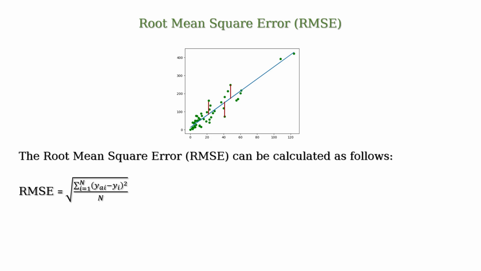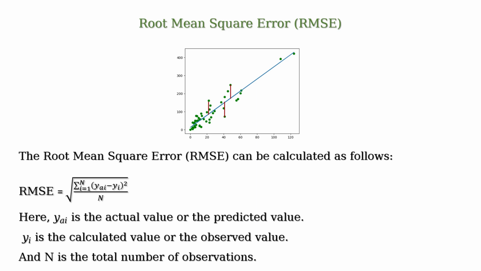RMSE is equal to the square root of the summation from i equal to 1 to n of (yai minus yi) whole squared, divided by n. Here, yai is the actual value or the observed value and yi is the calculated value or the predicted value, and n is the total number of observations.